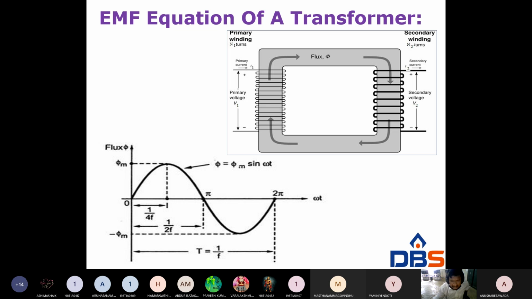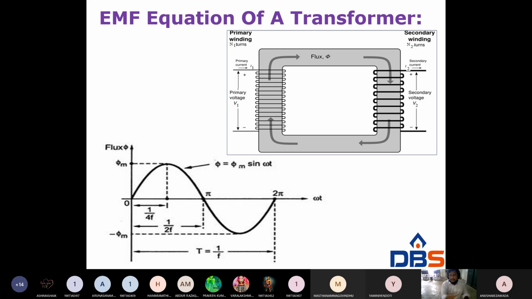So the total cycle, time period T is equal to 1 by f. For half cycle, T by 2, that is 1 by 2f. For a quarter cycle, T by 4 or 1 by 4f.